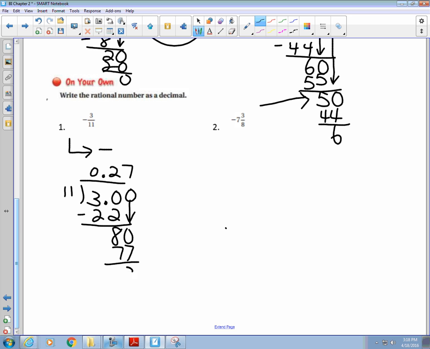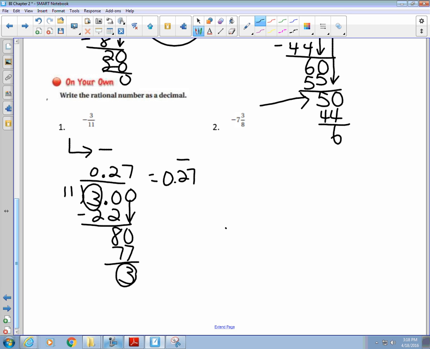And that's a remainder of 3. And I notice that this remainder of 3 is what I started with in the beginning. So the 2 and the 7 are now going to repeat. So my answer is going to be 0.27 with the repeating bar above it because it repeats.